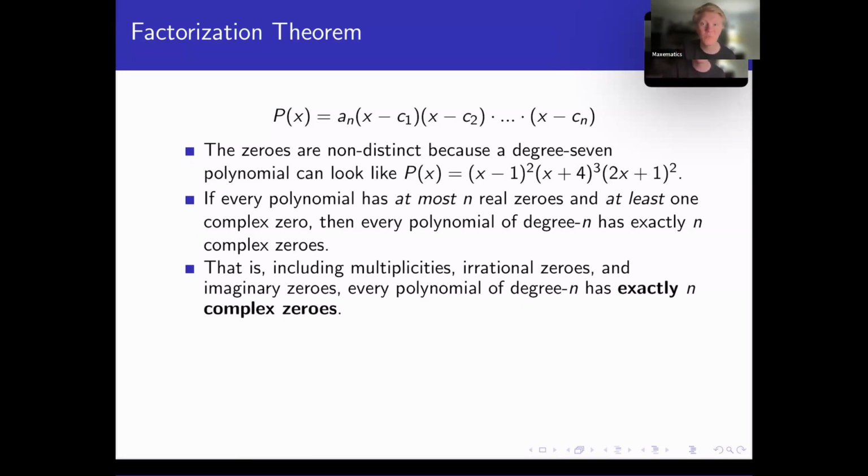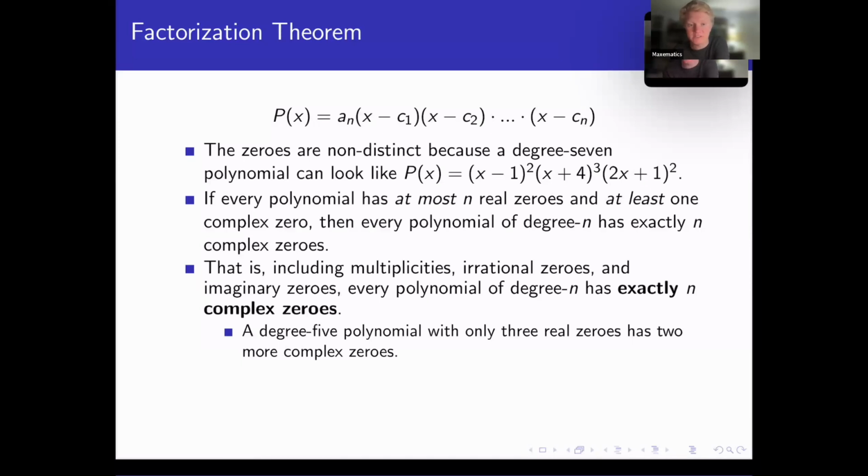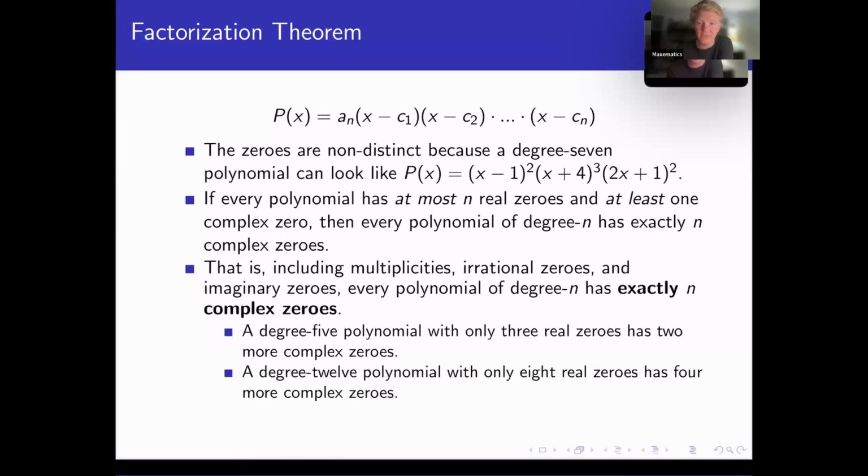So before, we had a degree 10 polynomial with only 4 real zeros. Where are the other 6? Well, they're imaginary. A degree 5 polynomial with only 3 real zeros has 2 more complex zeros. A degree 12 polynomial with only 8 real zeros has 4 more complex zeros.